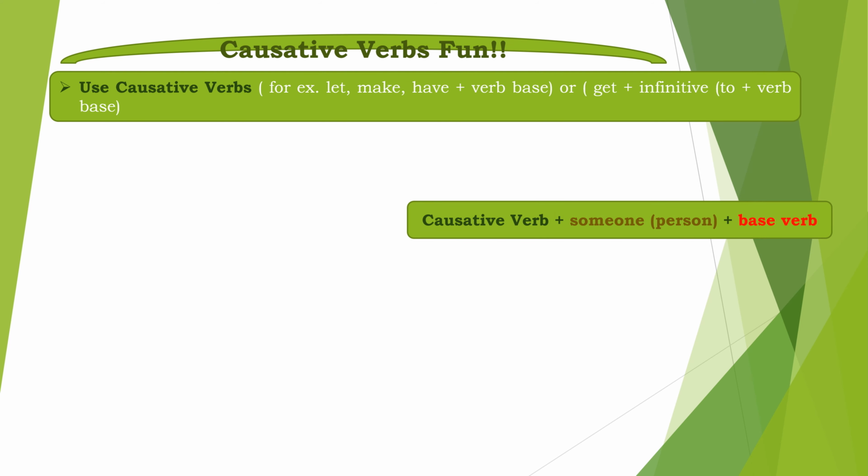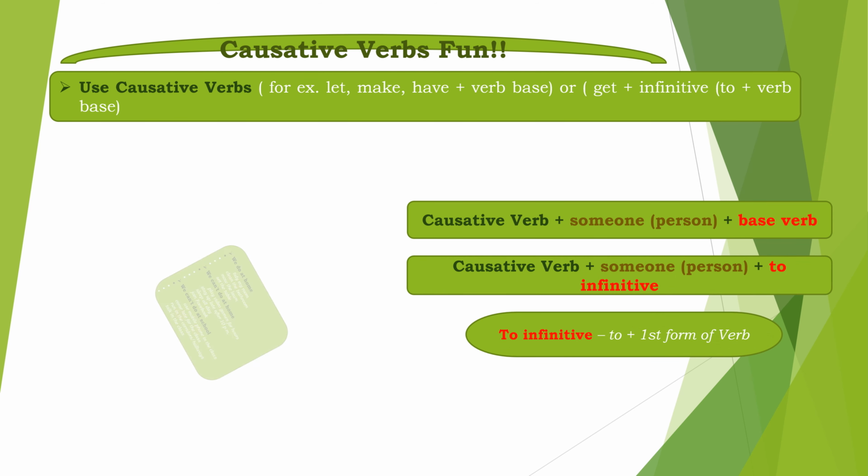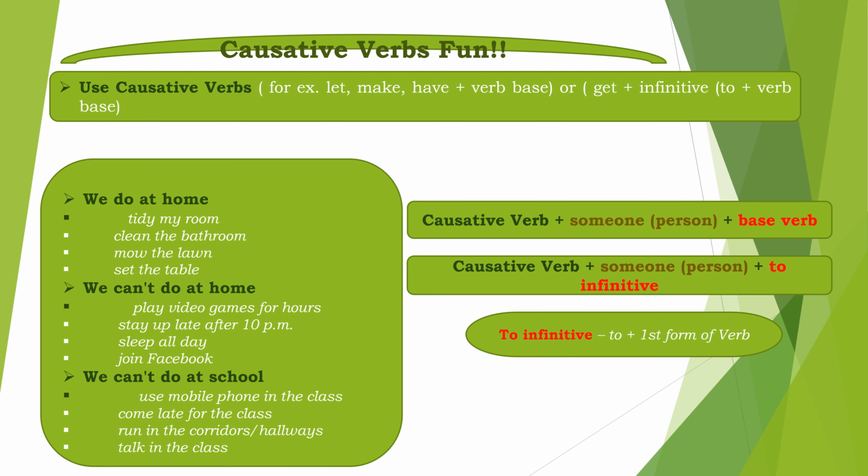I'm giving you the structure here so you can have some help. And in this box, you can see I have provided you with some task or some action, what we can do at home, what we can't do at home, or what we can't do at school.